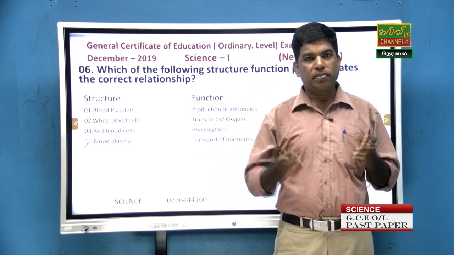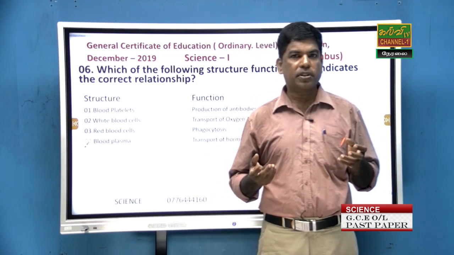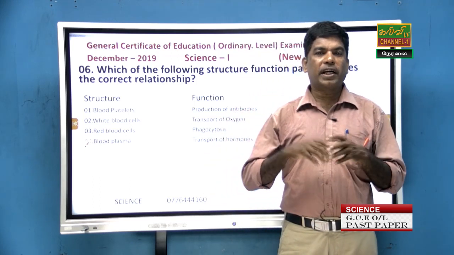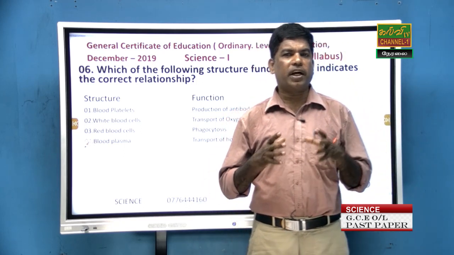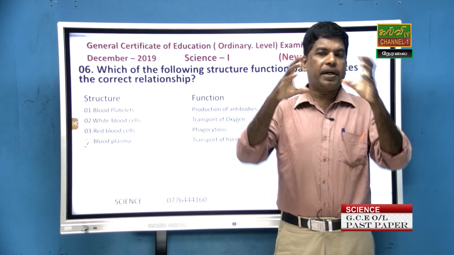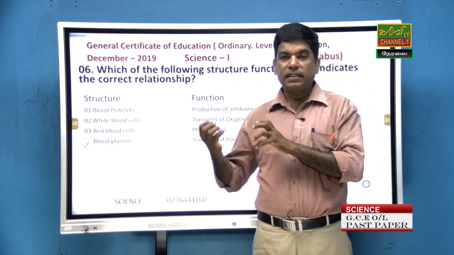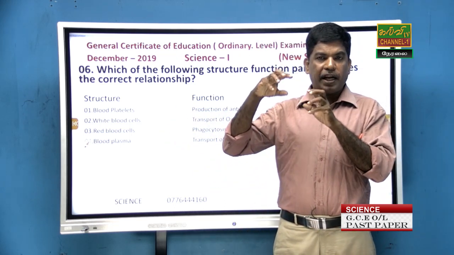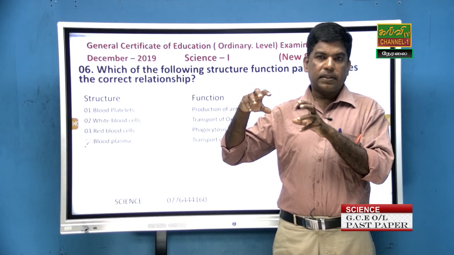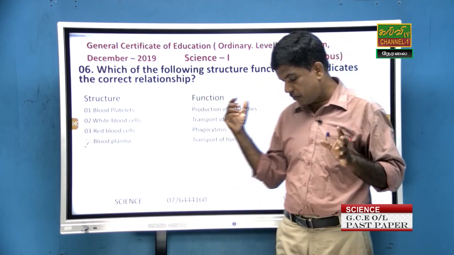It contains muscle tissue, blood tissue, nervous tissue, connective tissue, and epithelial tissue. Here they are explaining different kinds of blood cells and the structure of blood. We will see the question now.